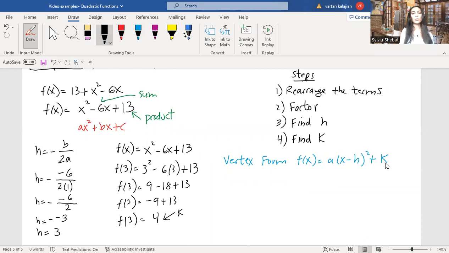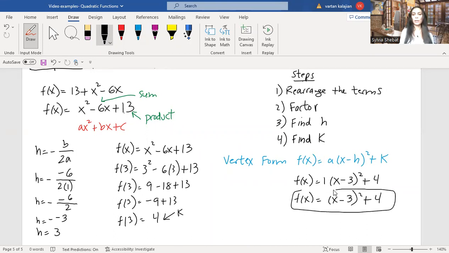And so just plug in whatever we know. f of x equals 1 times x minus 3 squared plus 4. And we can actually get rid of the 1. We really don't need it. So it'll be f of x equals x minus 3 squared plus 4. And that is our answer.